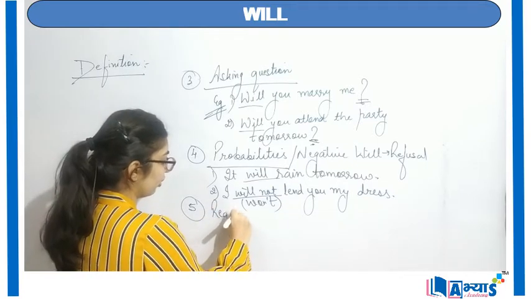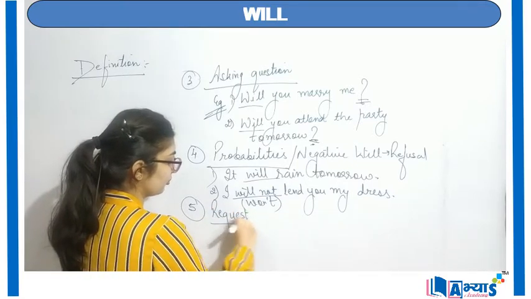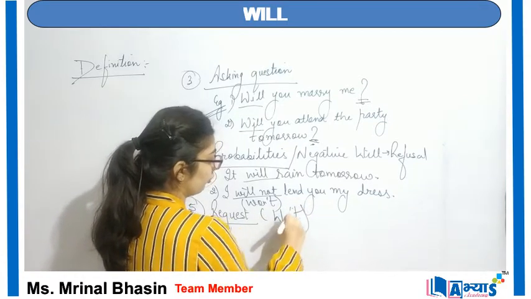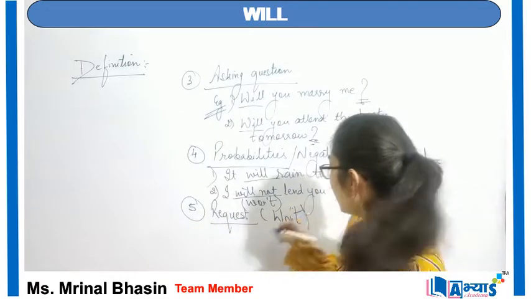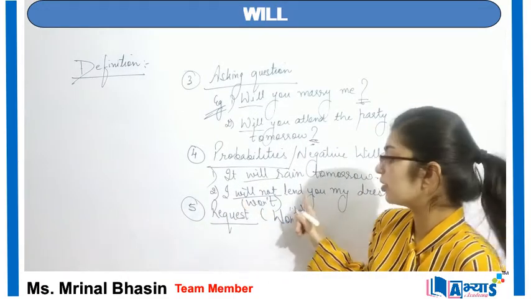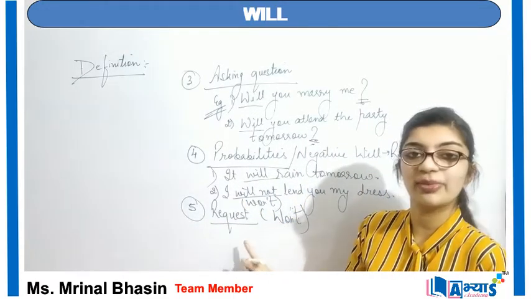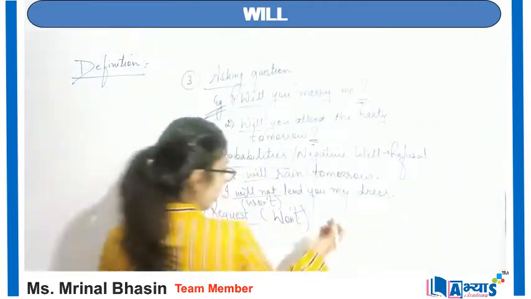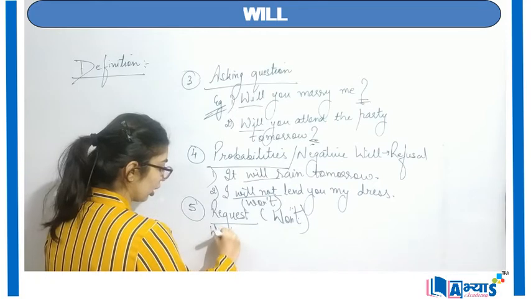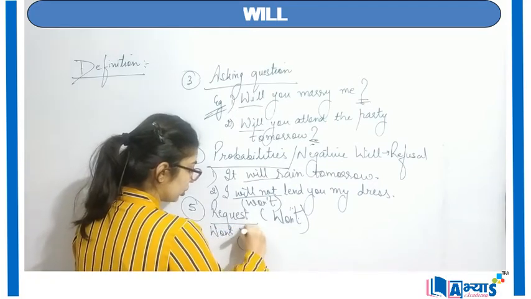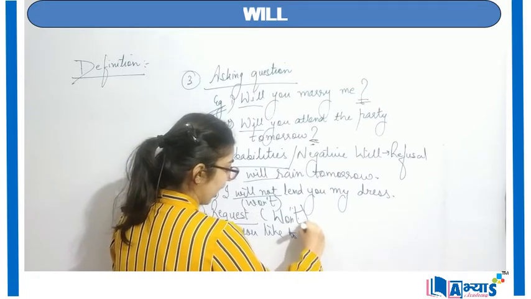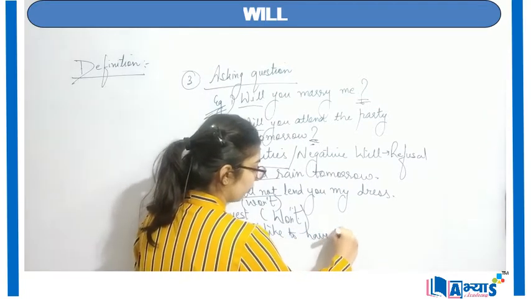Now the last place where will can be used is for making any kind of request by using the word won't. Won't over here is will plus not, and it is used for making a request by interrogating someone. For example, won't you like to have some coffee?